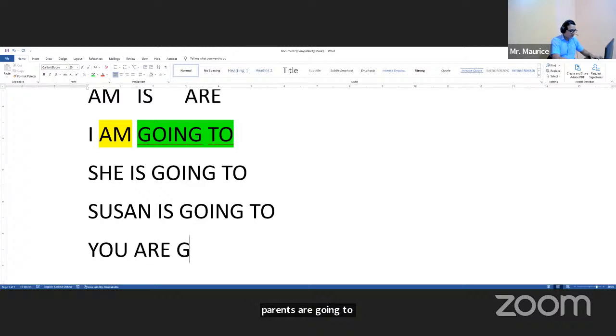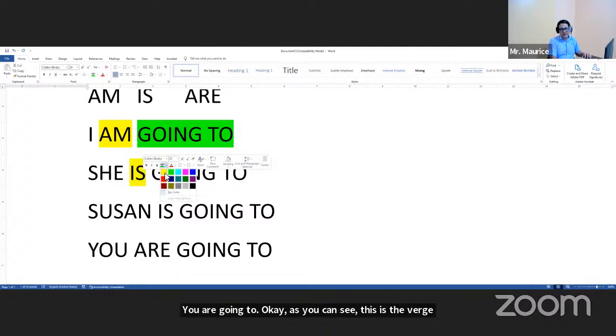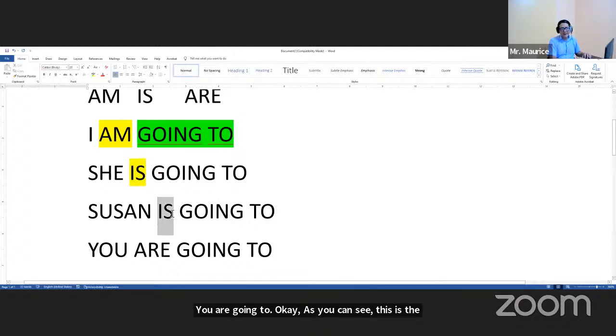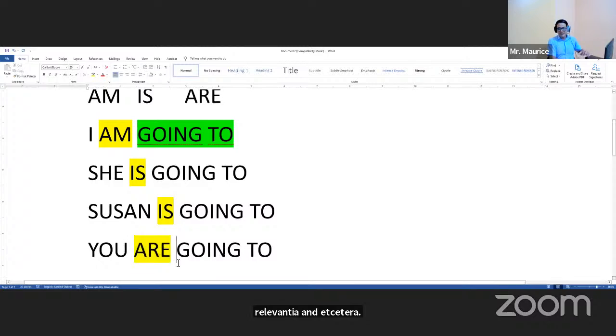Or you are going to. Okay, as you can see, this is the verb to be. Como usted puede observar, el verbo to be va a tomar relevancia en esta estructura. You see, this is the verb to be in present. Tenemos aquí el verbo to be en presente, conjugándolo con el sujeto.